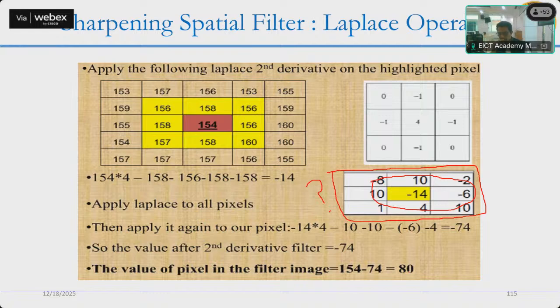So major changes come. Is that understood? Can you proceed, or any question? Very important for the Laplacian operator.